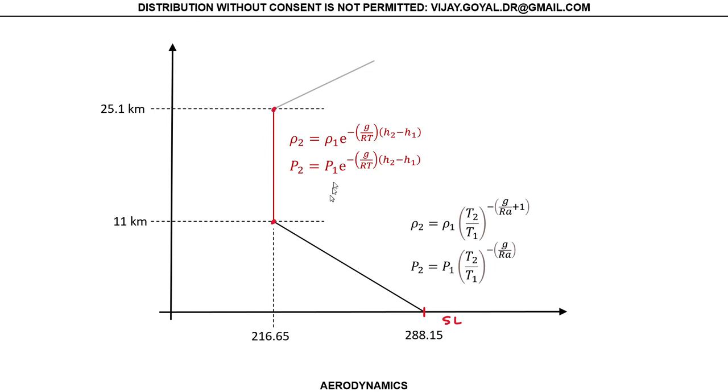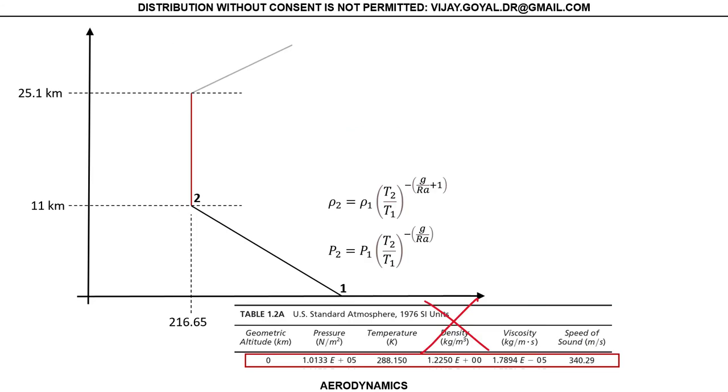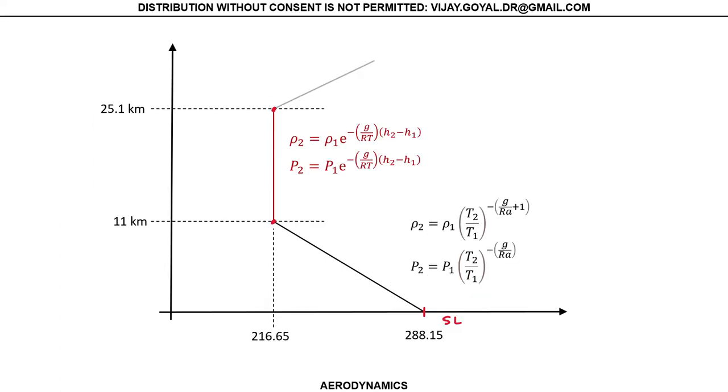Note that my problem is really asking me to find the temperature at these locations. Don't forget this. So either I can go to that table and find this value and then go from here to here, or go from here to here. The tables also have those values, and the one we calculate should be close enough.